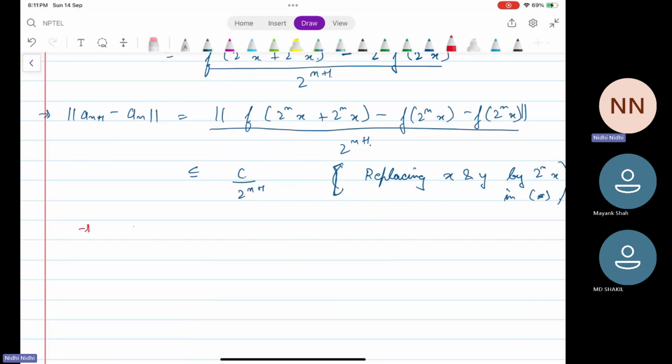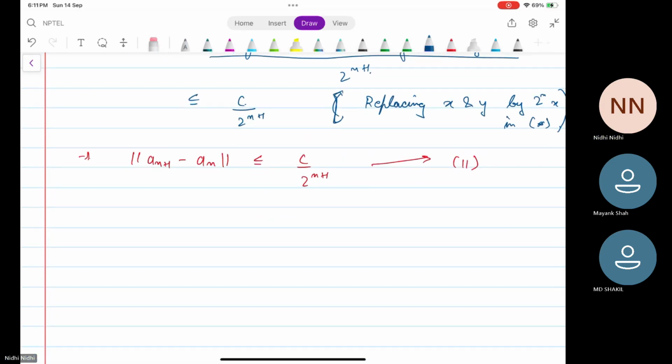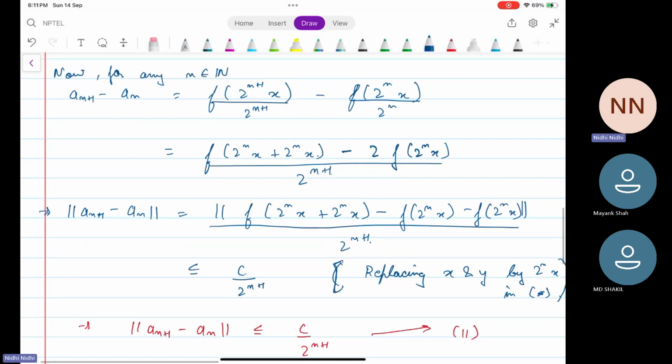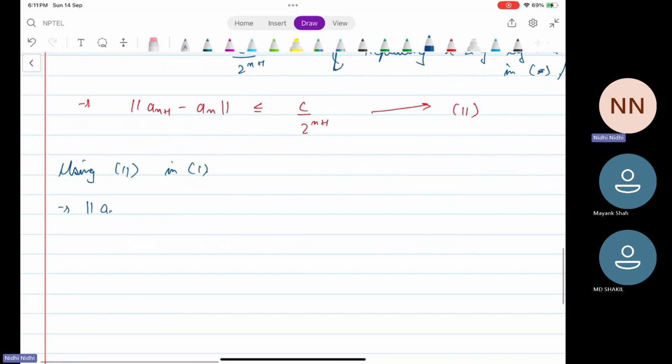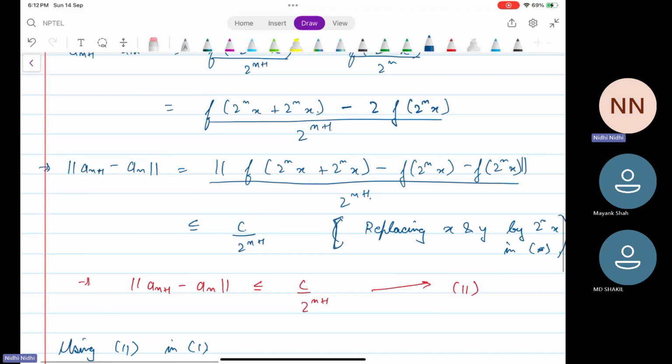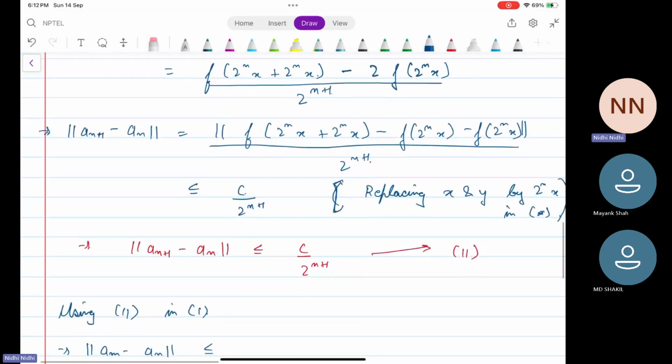So this implies a_{n+1} minus a_n is less than or equal to c upon 2 to the power n plus 1. We have a_m minus a_n less than or equal to the sum of these terms.